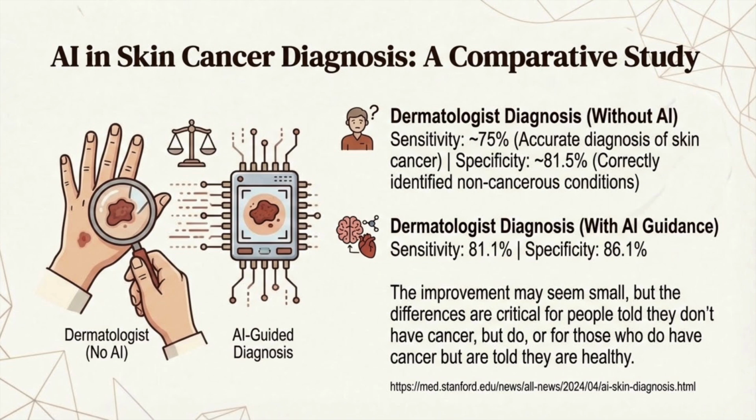This is a very famous study from Google and Stanford. It is rather old already. For AI, 2 years is already an old study, but there were cancer doctors who should diagnose patients with cancer, and some of them were without AI and some of them were with AI support.